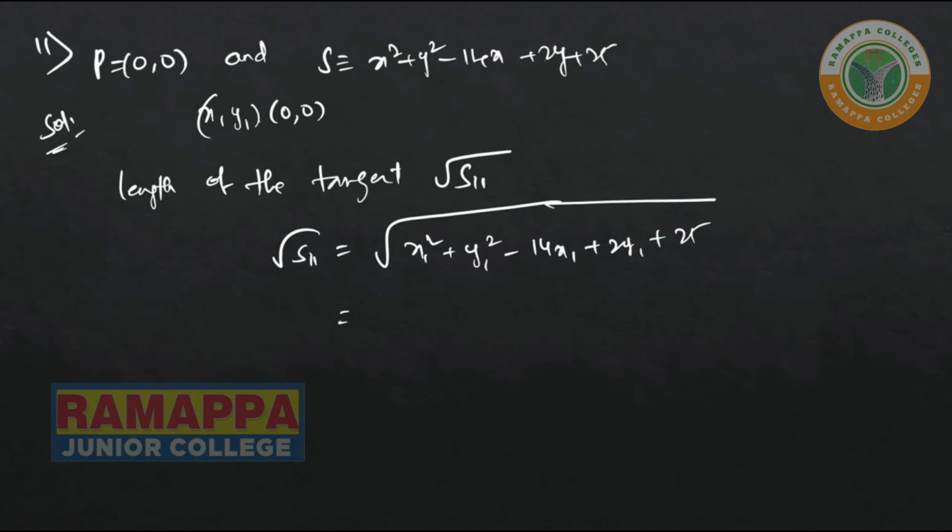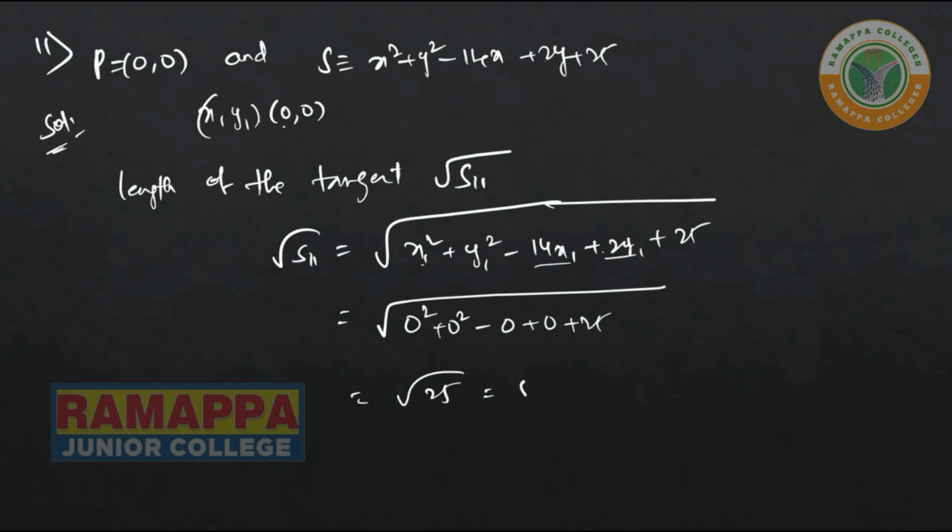So this is the given equation. So in this we have to substitute the values. So x1 square is equal to how much? 0 square plus 0 square minus 0, it will become also 0, this will become also 0, plus 0 plus 25, it will become under root of 25 is equal to 5. So root S11 is equal to 5 is the answer, second one.